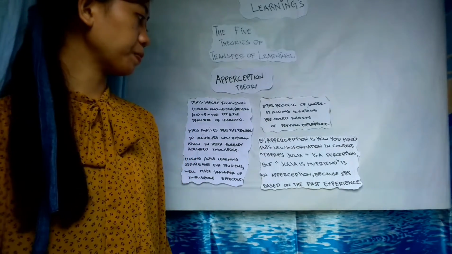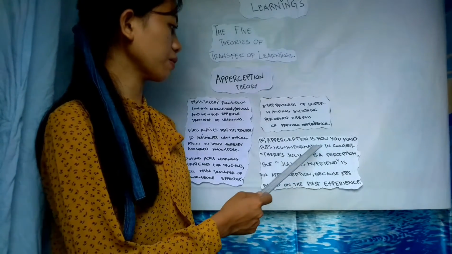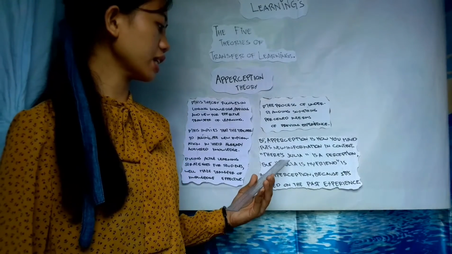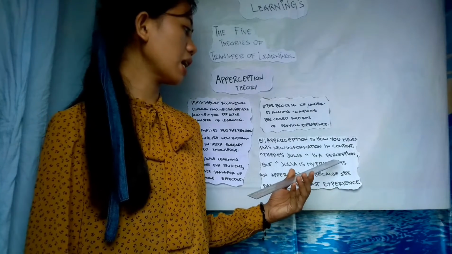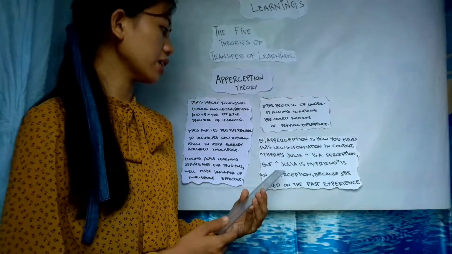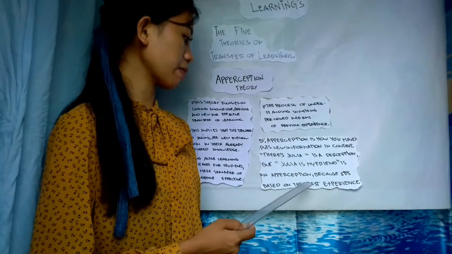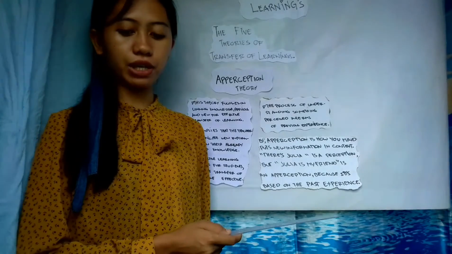For example, perception is how your mind puts new information in a context. For example, there is Julia. It is a perception. But "Julia is my friend" is an apperception because it is based on past experience.